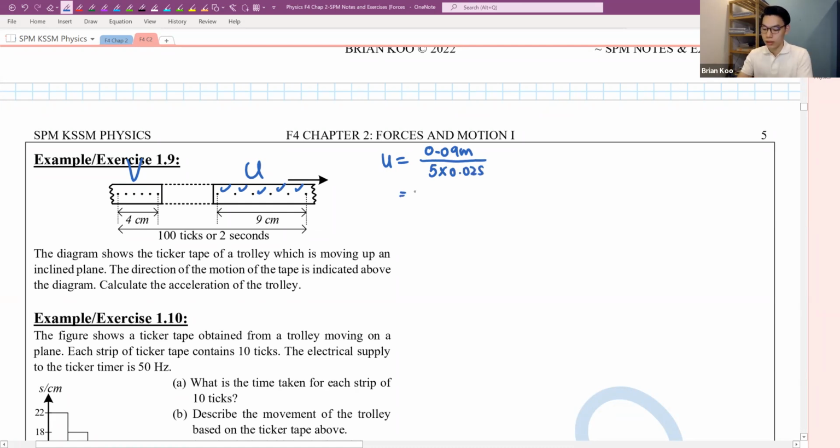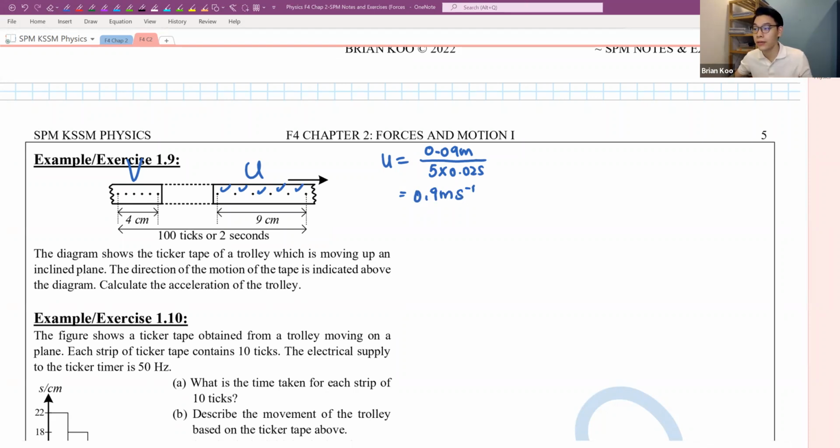That gives 0.9 meter per second, or 90 cm per second also can.